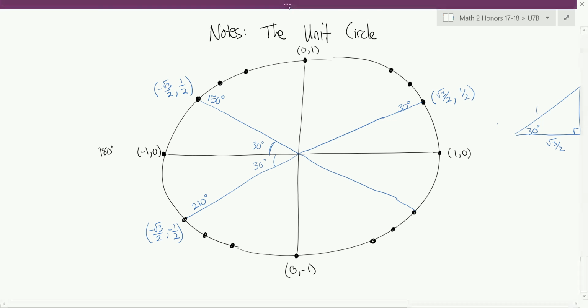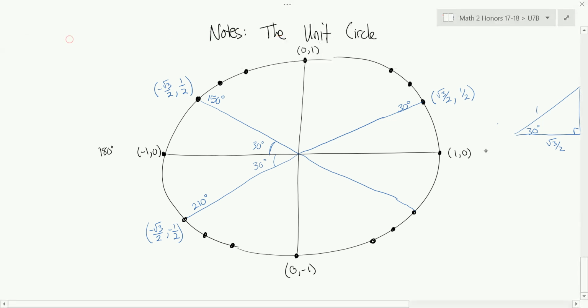Well, if we think about the angle on the x-axis, this is 0 degrees, but it's also 360 degrees, right? And we need to go back from 360, 30 degrees. And so that's going to be 330 degrees.